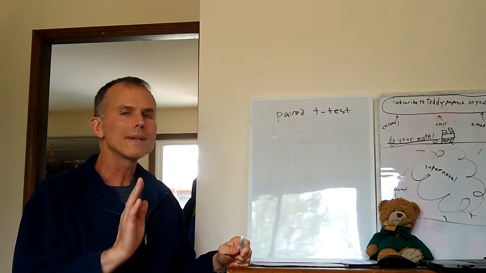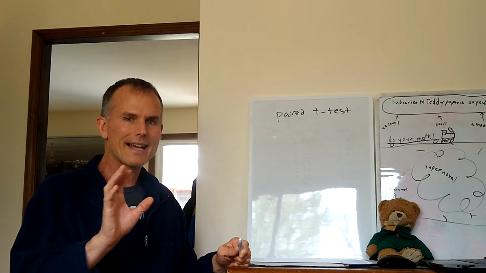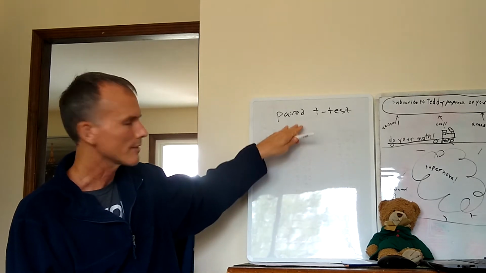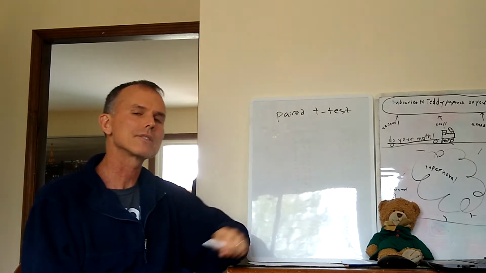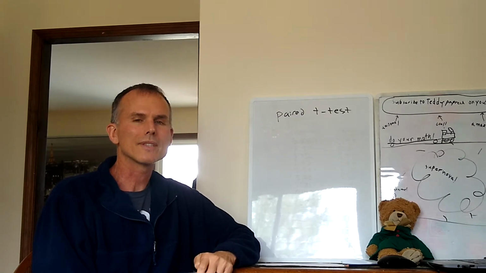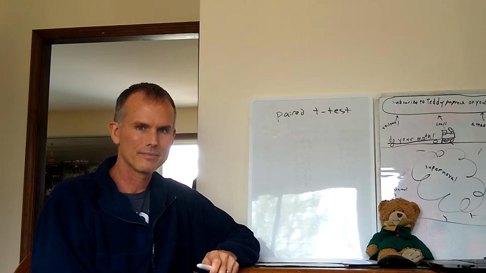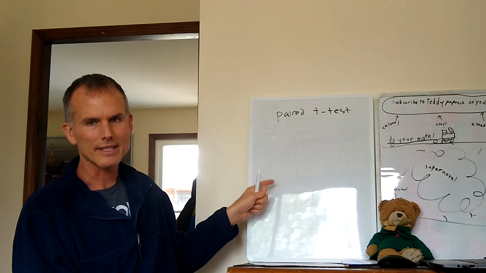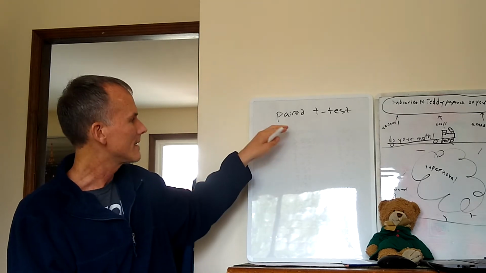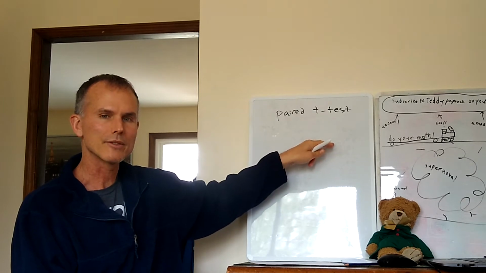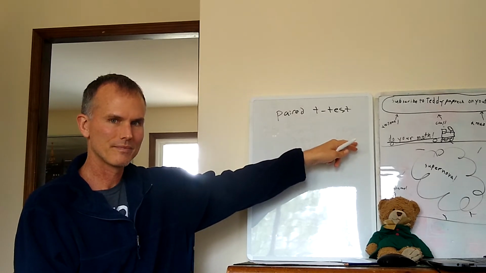You had two lists, a list of ratings for Superman and a list of ratings for the Avengers. For each one of the critics, we have to find the difference in the two ratings. For each of the 10 critics, you take the rating for Superman minus the rating for the Avengers to get a difference.